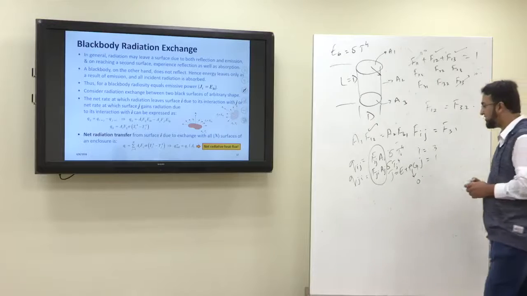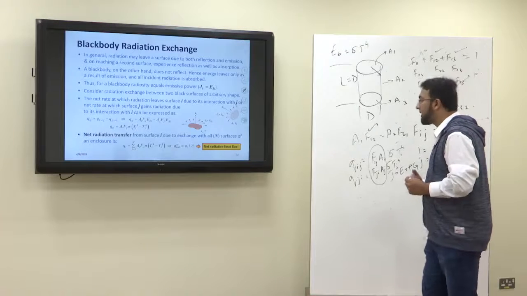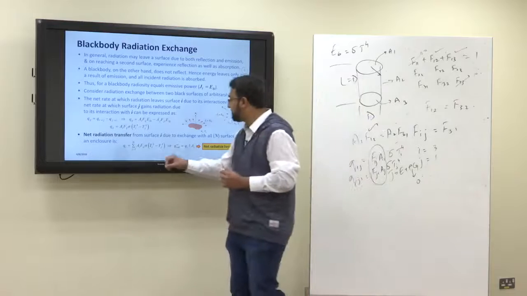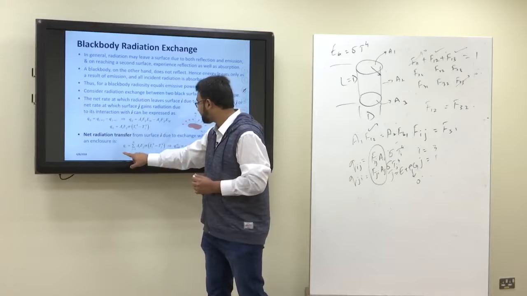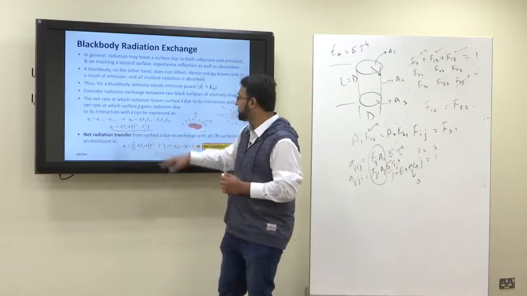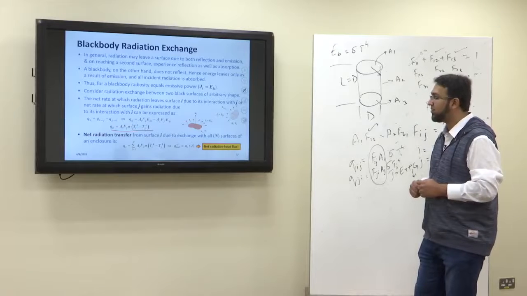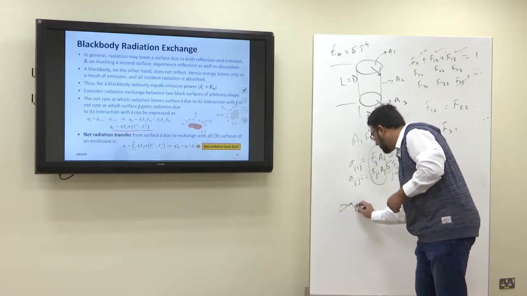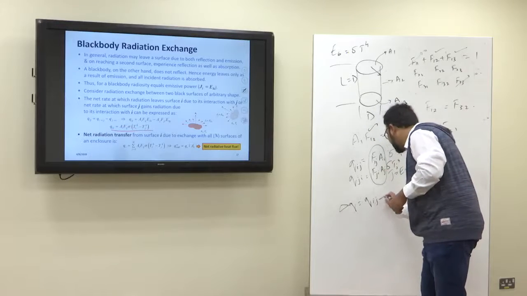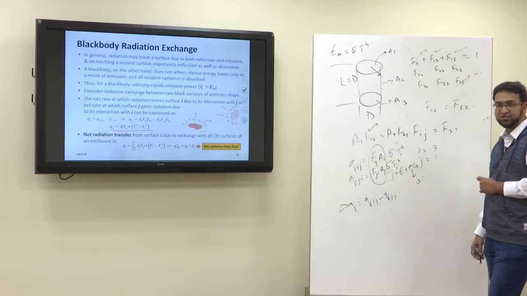These two things are basically the same. So we end up with this formula. Qij is equal to A I F I J sigma Ti power 4 minus Tj power 4, because delta Q will be Qij minus Qji.